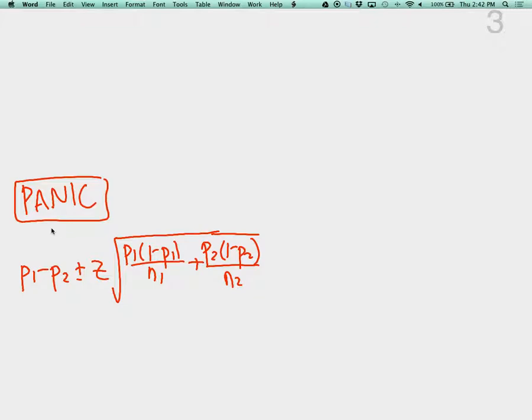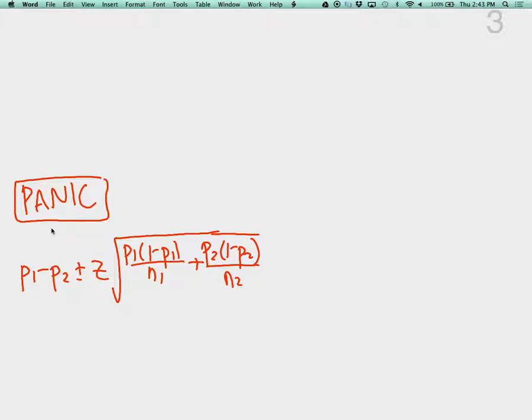Okay. Matt asked the question, why use that PC? Do you guys know what this quantity is, everything under the square root? It's the standard deviation of the sampling distribution.